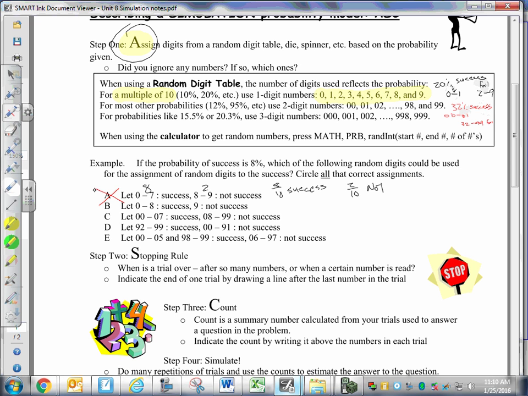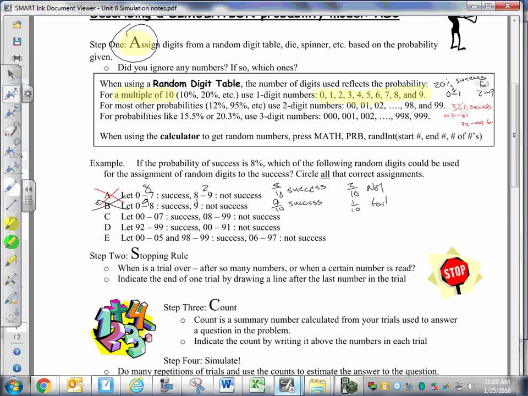What if we said 0 through 8 was a success and 9 was not a success? Well, 0 through 8 is a total of 9 numbers. 9 is one number. That'd be 9 out of 10 successes. 1 out of 10 would be a fail. Does this represent an 8% probability? No, so we wouldn't use that.